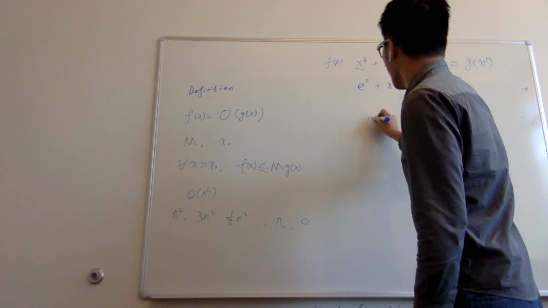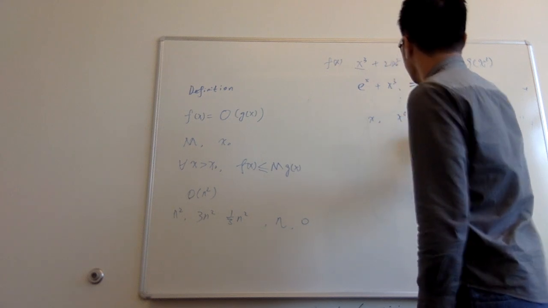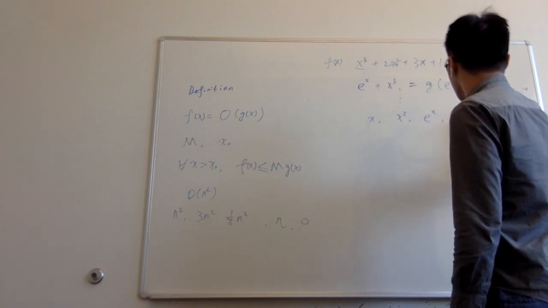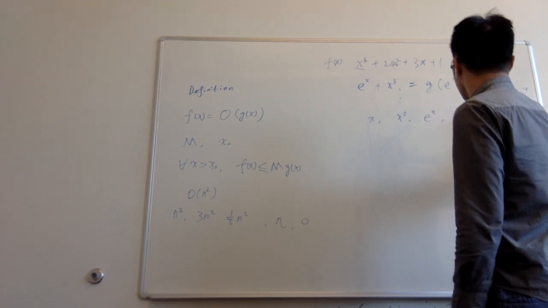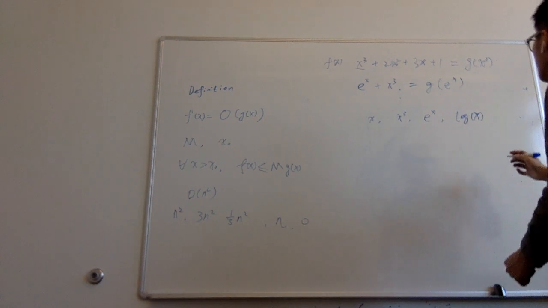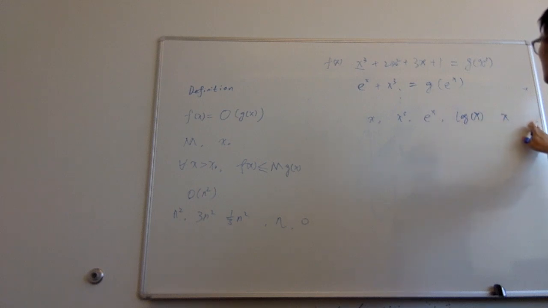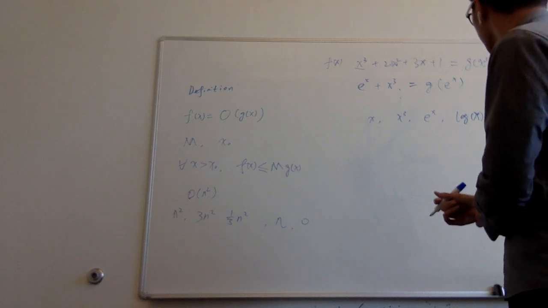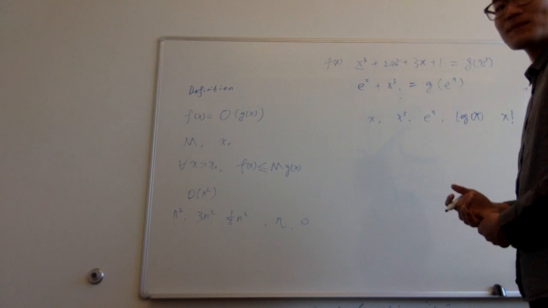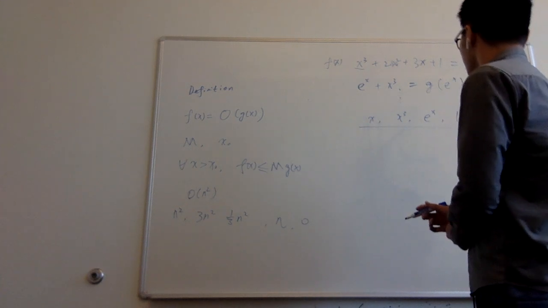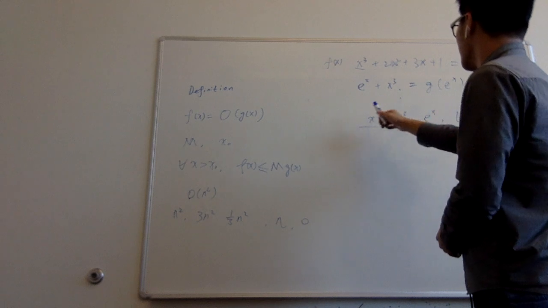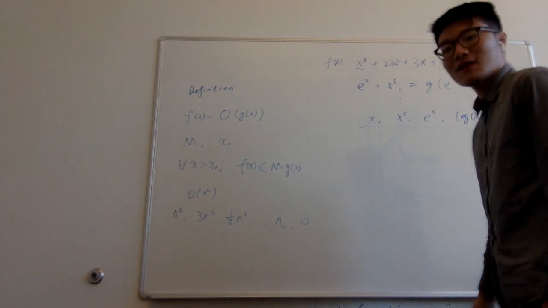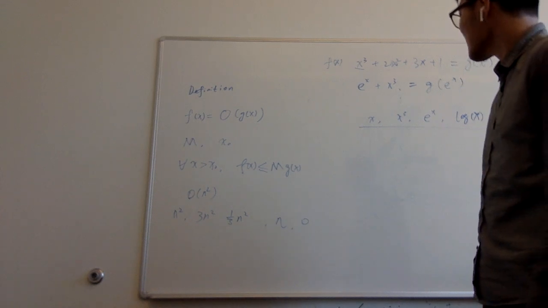So if I have x cubed, exponential of x, and log of x, or x to the x, maybe here's a question for you to think about. If you want to order all these terms here, which of the functions will have the highest growth? Does anyone have some ideas?